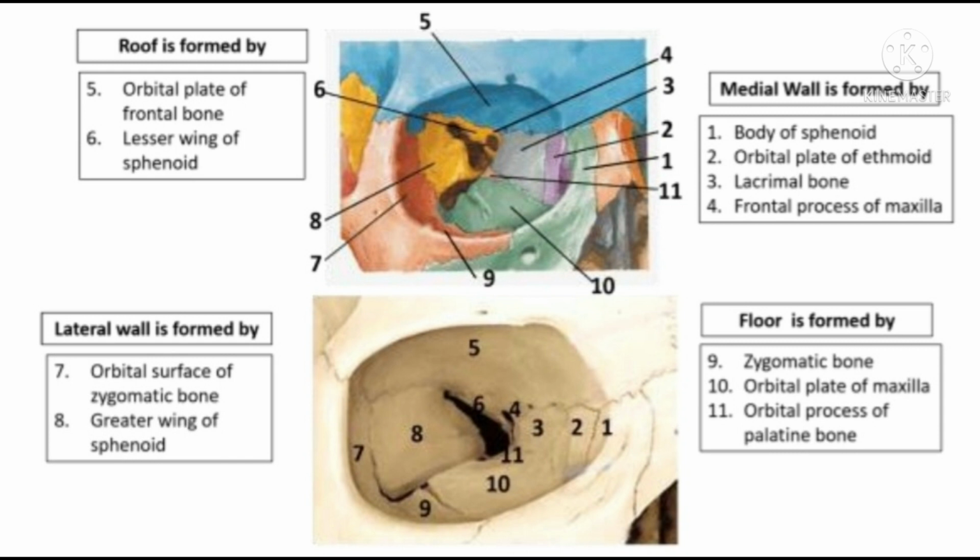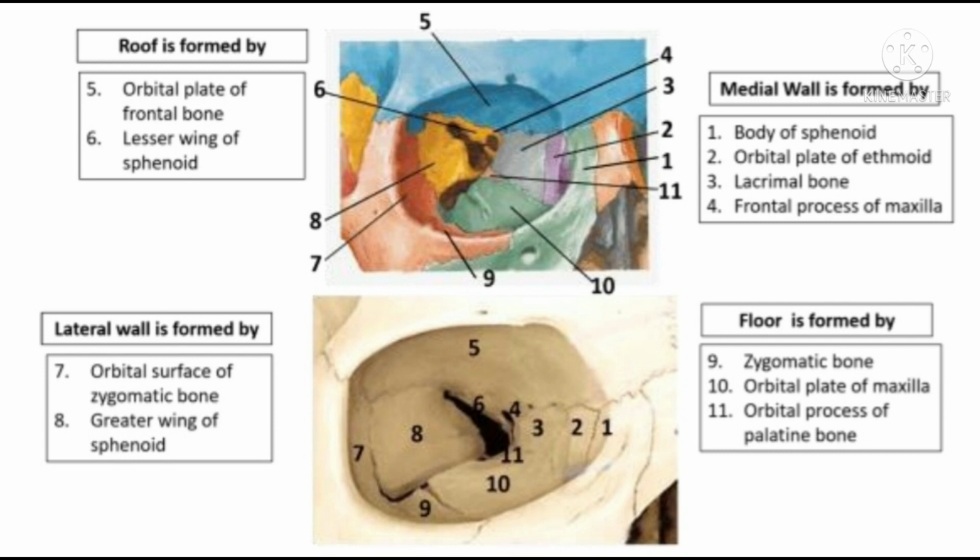Here the 9 colored in orange or red represents the zygomatic bone, 10 represents the orbital plate of the maxilla in green, and again in orange or red, 11 represents the orbital process of the palatine bone.